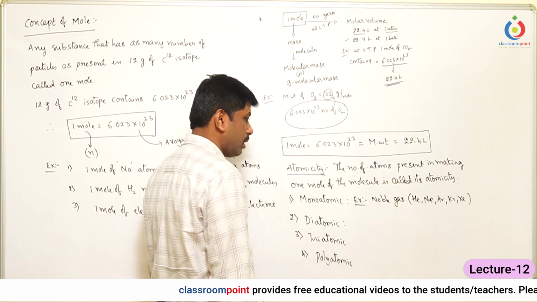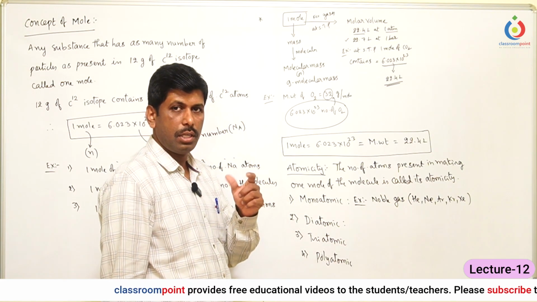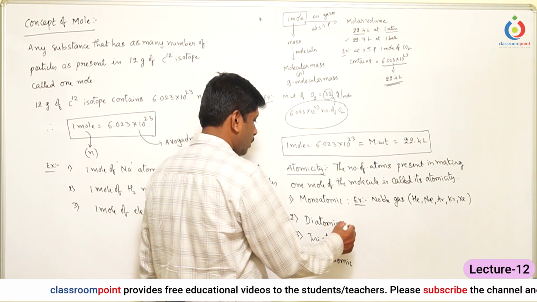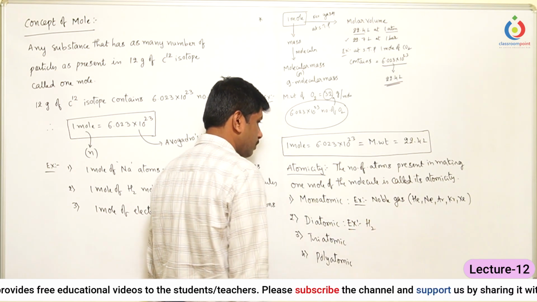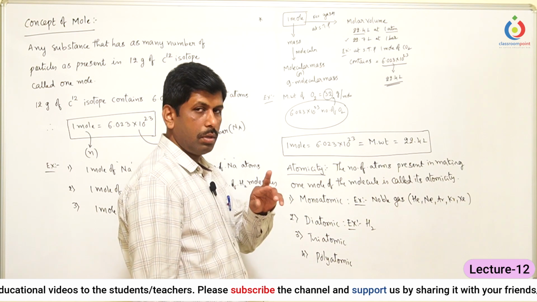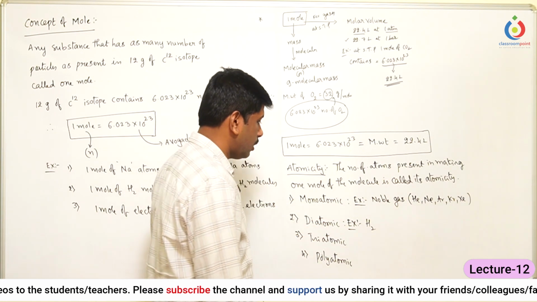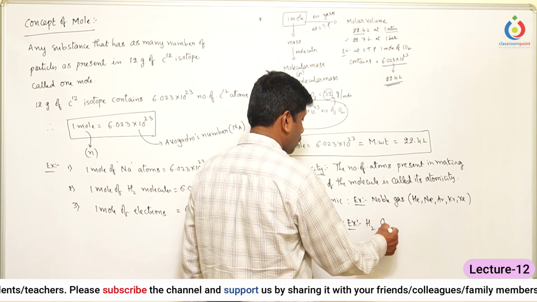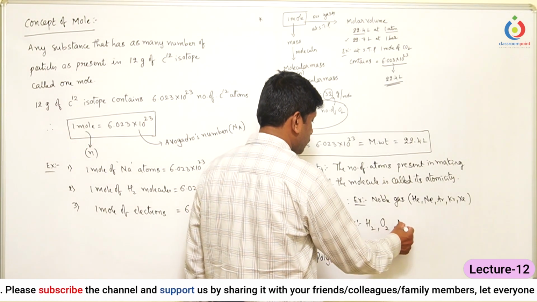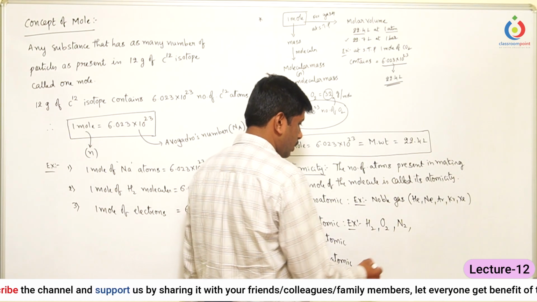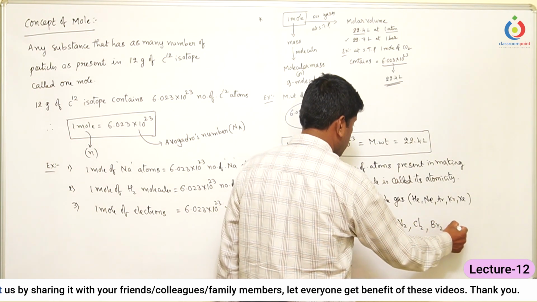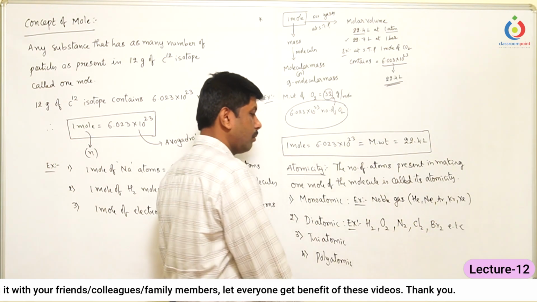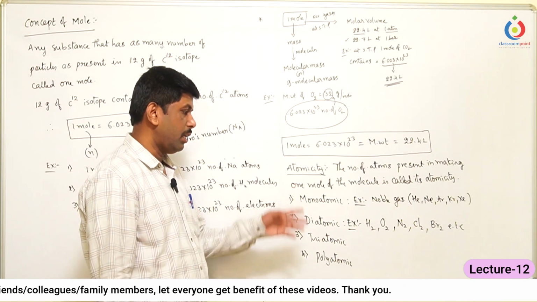Diatomic means having 2 atoms in making of the molecule. Example, take H2, it contains 2 hydrogen atoms. O2, 2 oxygen atoms. N2, 2 nitrogen atoms. Cl2, Br2, etc. These all have only 2 atoms.